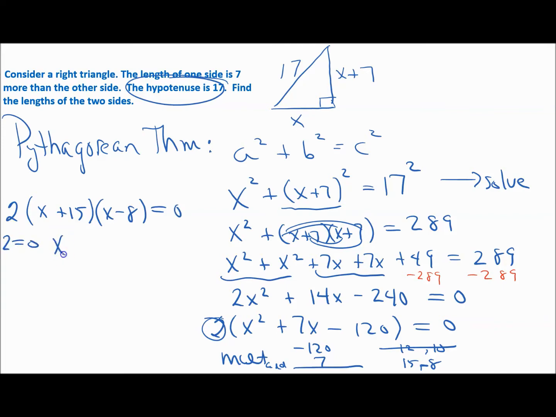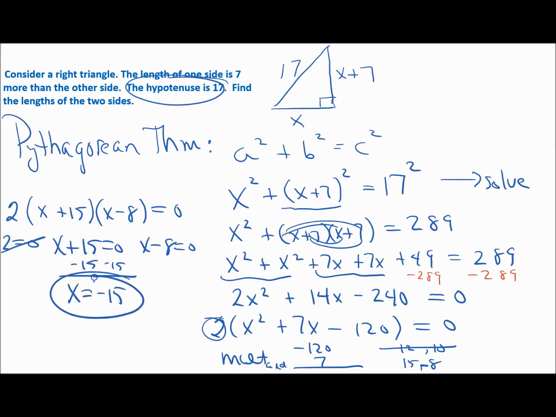I set x plus 15 equal to 0 and x minus 8 equal to 0. Again, 2 equals 0, there is no solution. For x plus 15 equal to 0, I subtract 15 from both sides to get x is negative 15. And I add 8 to both sides of x minus 8 equals 0 to get x is 8.